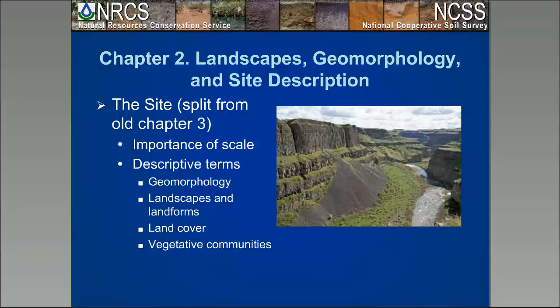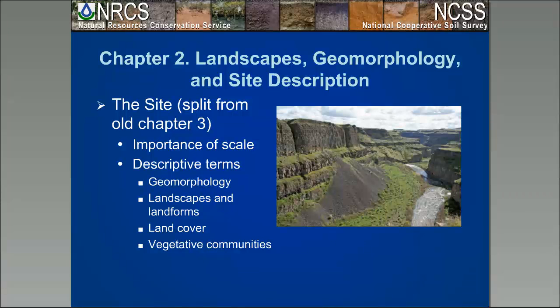Chapter 2 of the Soil Survey Manual covers Landscapes, Geomorphology, and Site Descriptions. This was originally included in the old Chapter 3 in the 1993 version, but that Chapter 3 had grown to about 150 pages in length, and it became recognized that we're actually talking about two different things.